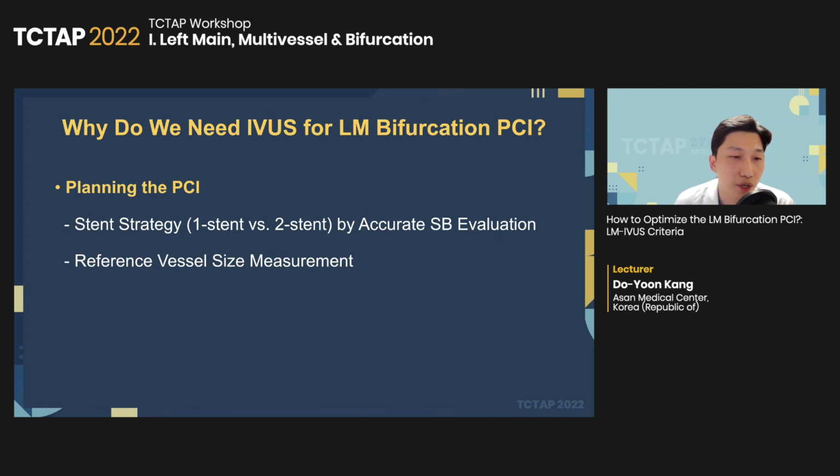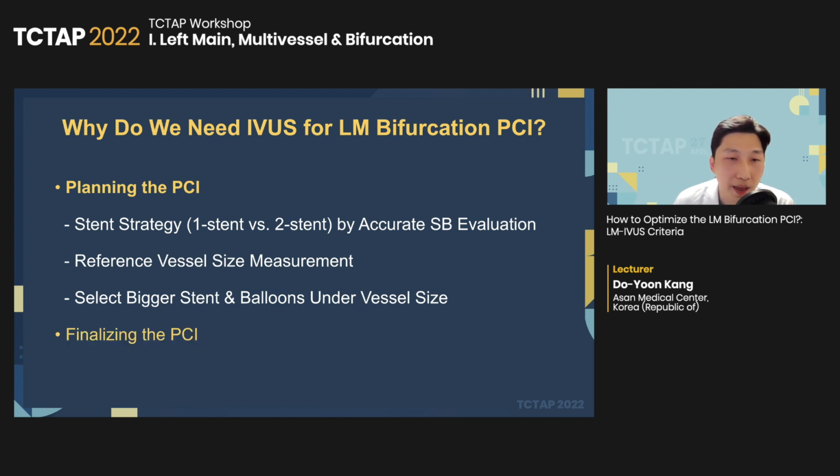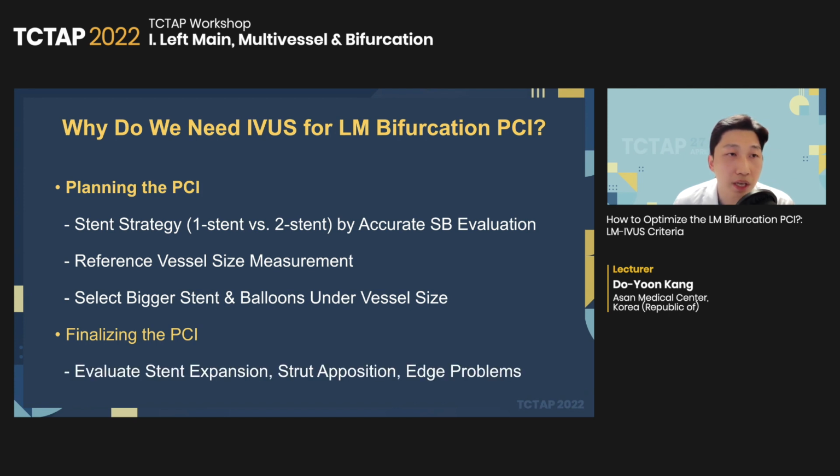And it can measure the reference vessel size accurately, and we can select a bigger stent and balloon on the vessel size safely. Furthermore, after PCI, finalizing the PCI is an essential role of IVUS. With the evaluation of stent expansion rate, strut apposition, or edge problems like hematoma and dissection, we can optimize our PCI and then minimize the complication.